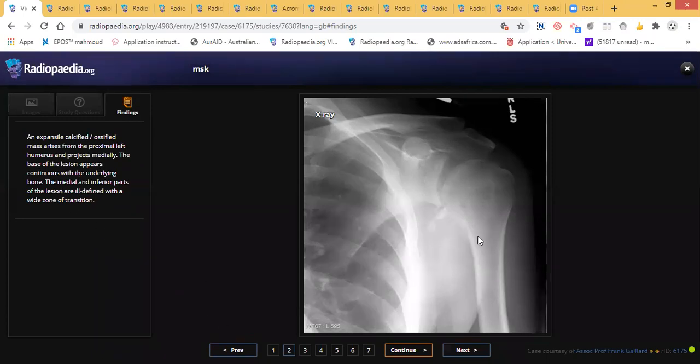That's in the X-ray, and here you cannot see any different borders between the lesion, the abnormal affected area, and the normal area. It has a wide zone of transition, it's ill-defined.